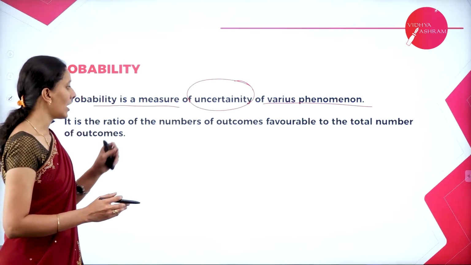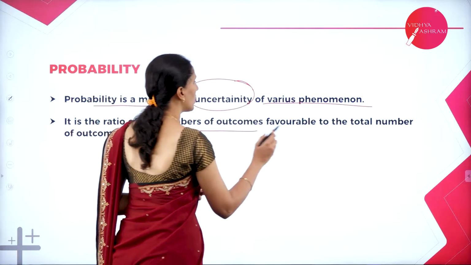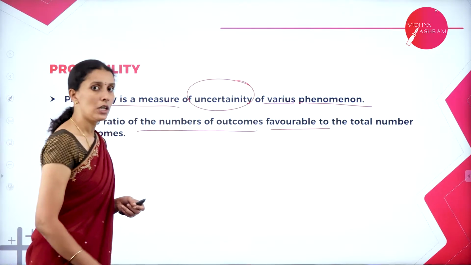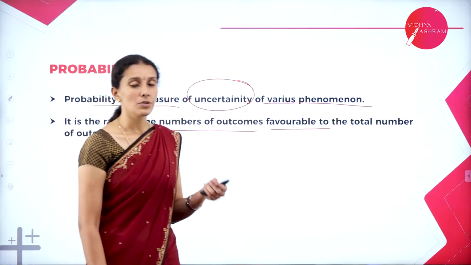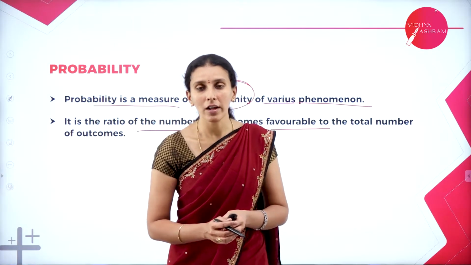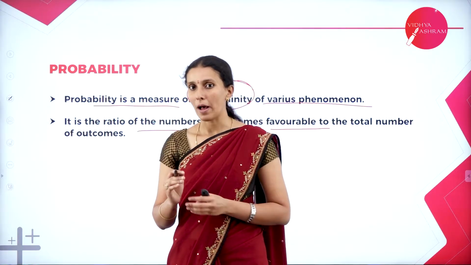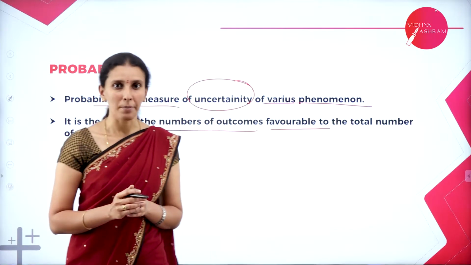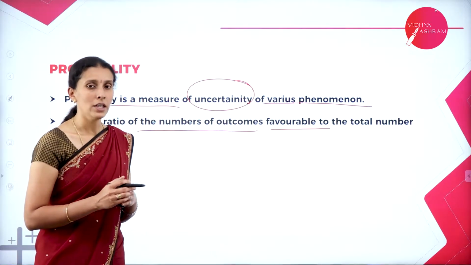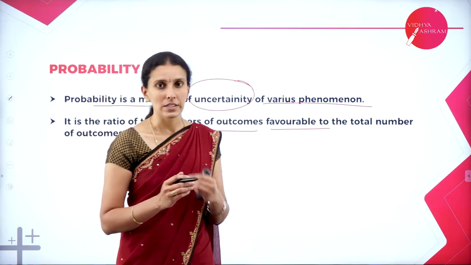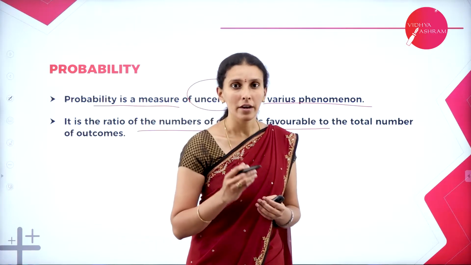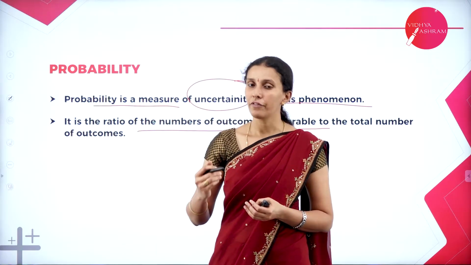Next, it is the ratio of the number of favorable outcomes to the total number of outcomes. This is what you have studied in class 9, and it is called the classical approach of probability. For example, when you throw a die, you have 6 results: you may get 1, 2, 3, 4, 5, 6.